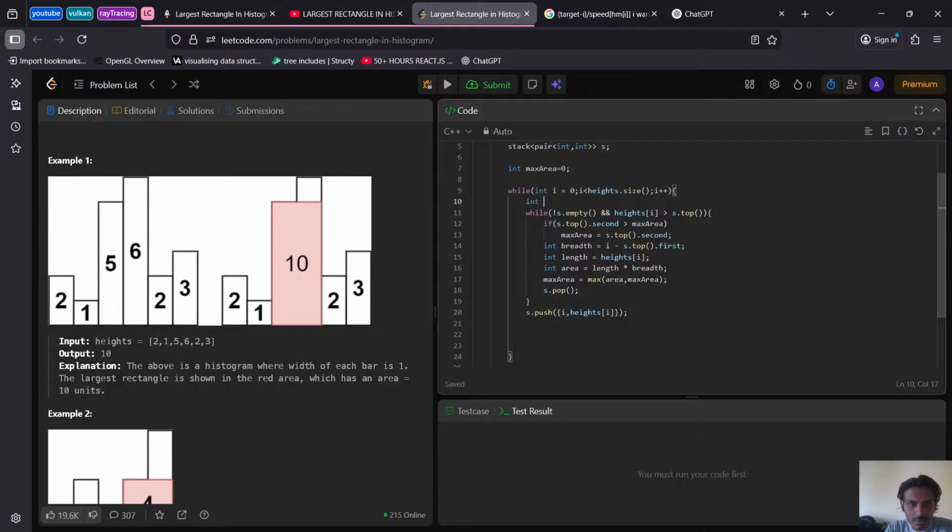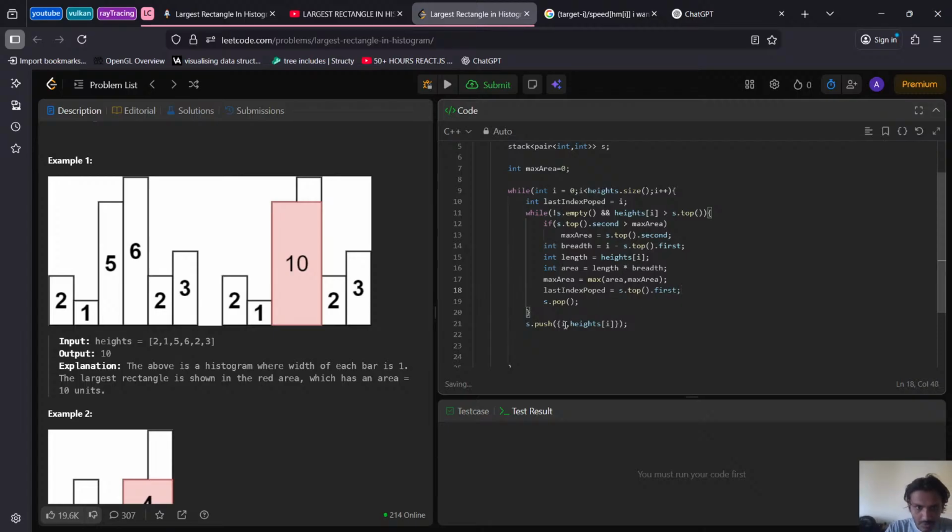Let's say the last index popped. We say i. If we enter in this one, we pop it. Before popping it, we set the index as the first.